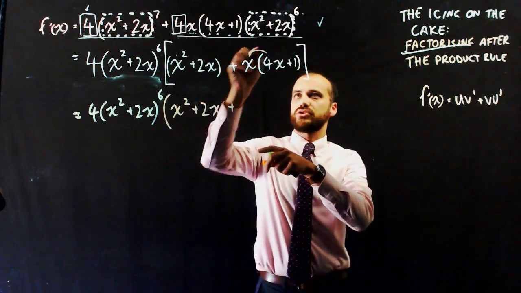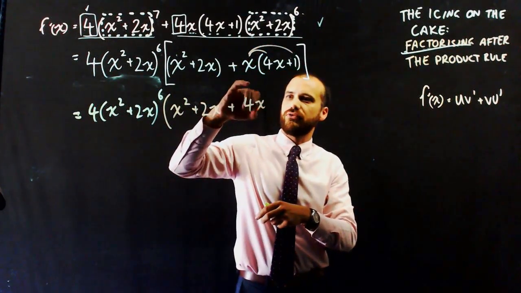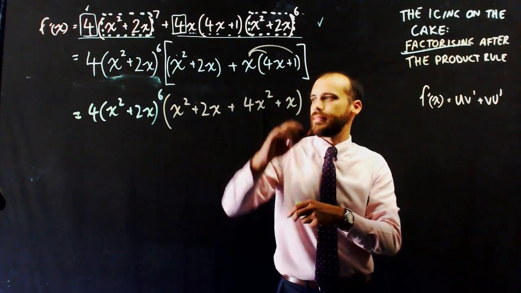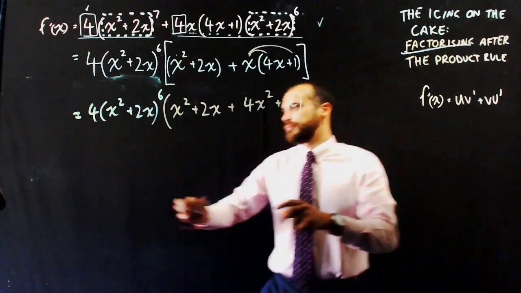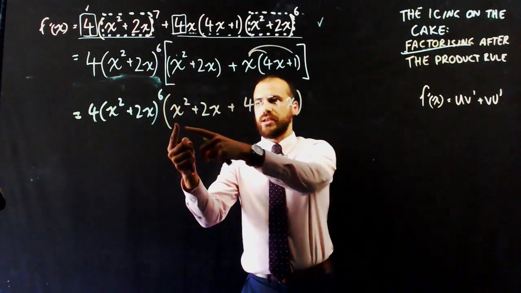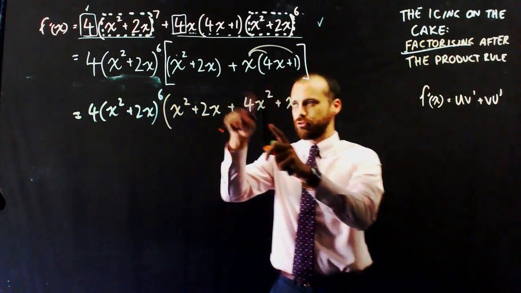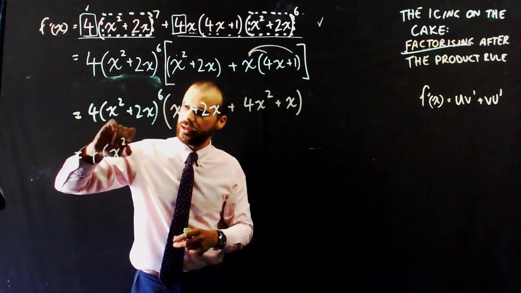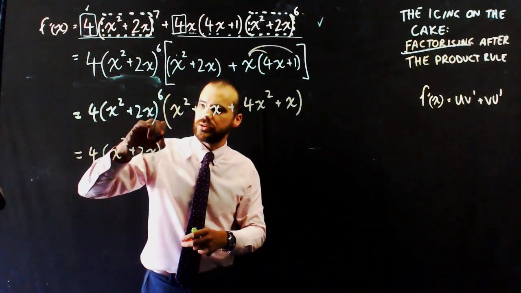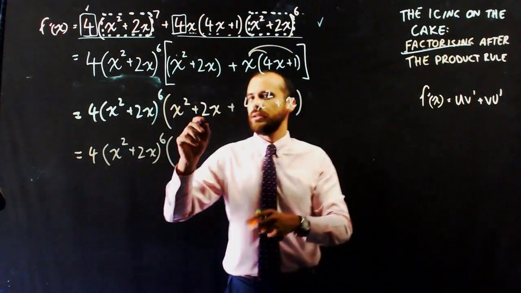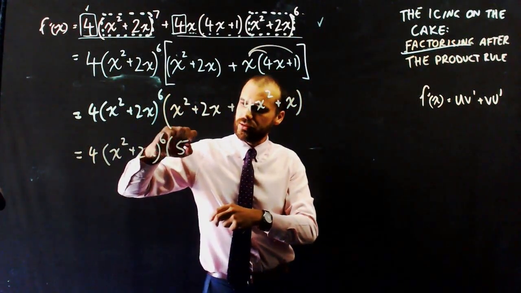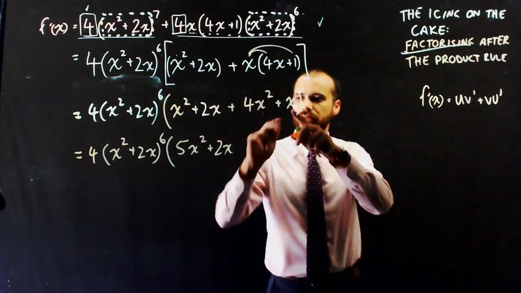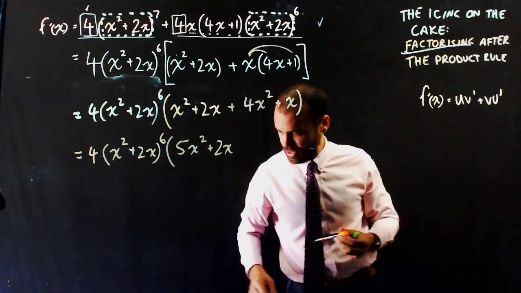Plus, and I'll use my distributive law here to write 4x squared plus x times 1, which is x. Okay, 4 times that, and then all of this. And I can group some like terms in there. 4 bracket x squared plus 2x to the power of 6 bracket, x squared plus 4x squared is 5x squared, plus 2x plus x, oops, that's 3x.